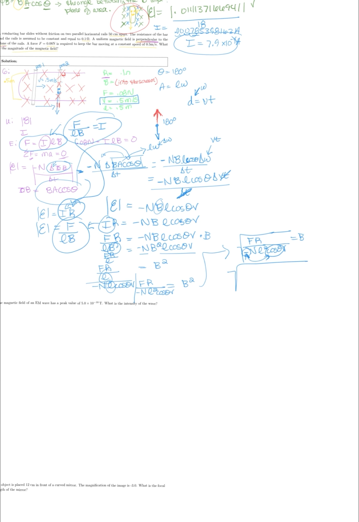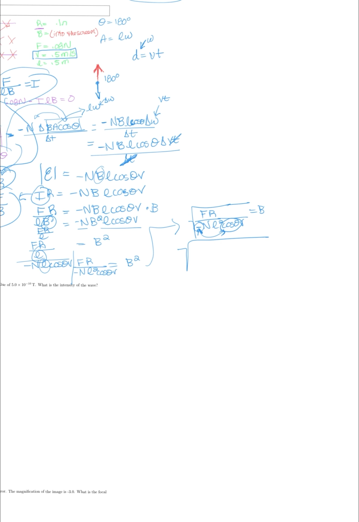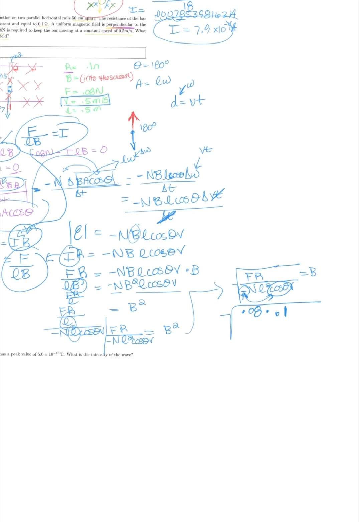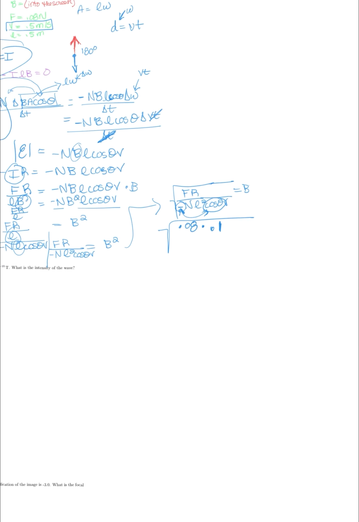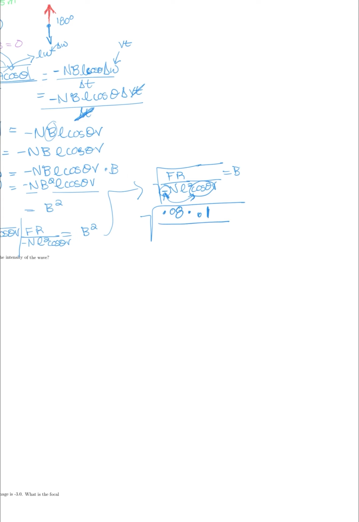So we have our force that we were given, equal to 0.08, times the resistance, which was 0.1. Is it 0.1? Yeah. Divided by a negative 1 times L squared. L was 0.5, so 0.5 squared, times 1, and then we have V, which is 0.5.